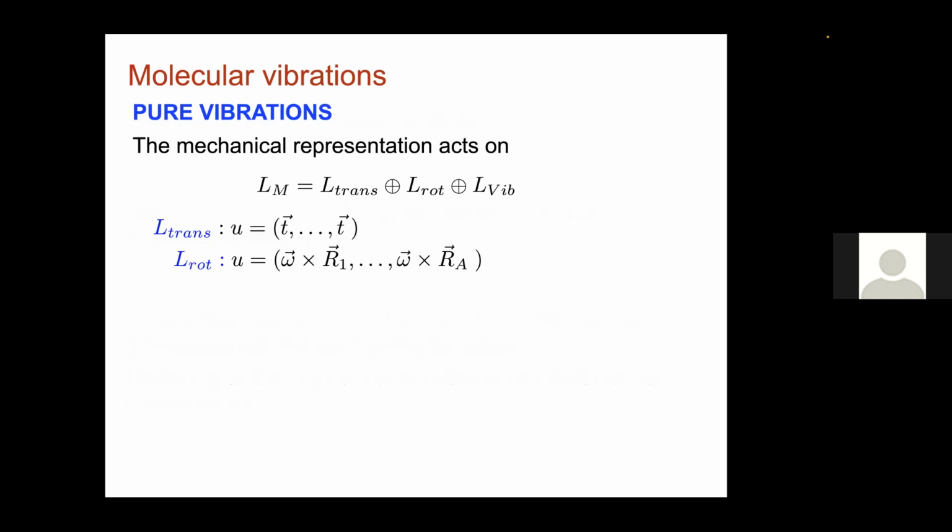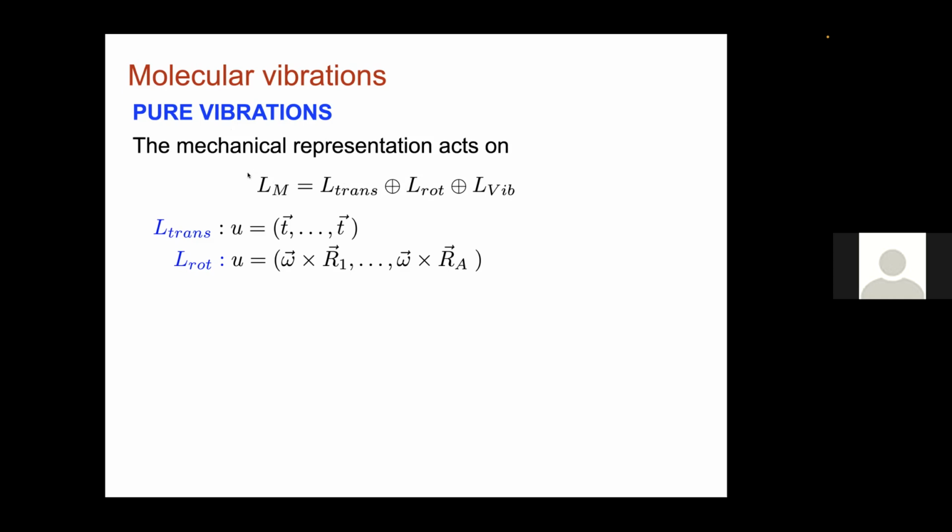Now, what are pure vibrations? We are really interested in pure vibrations. Remember that the mechanical representation was decomposed into the vector, which tells you how uniform translations transform, the rotation, that tells you how rotations, axial vectors transform, plus the vibrational, that tells you how pure vibrations transform.